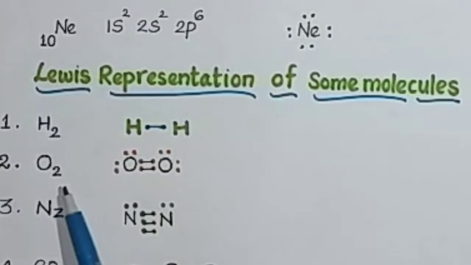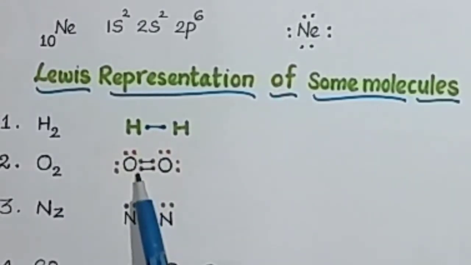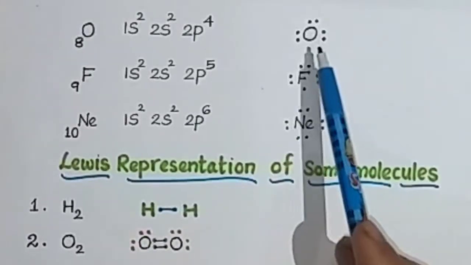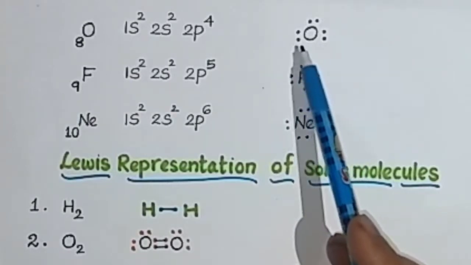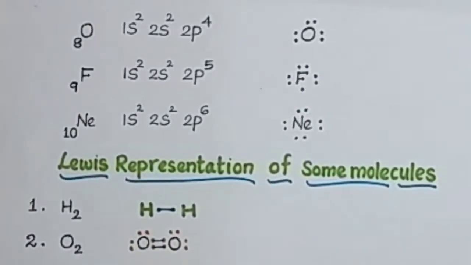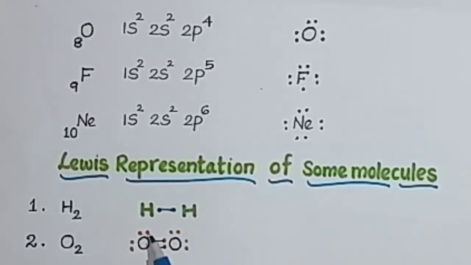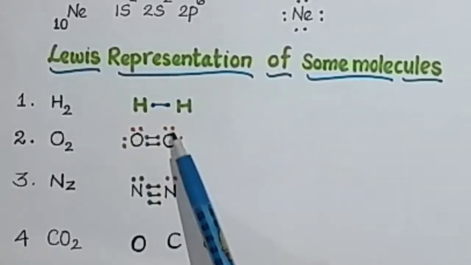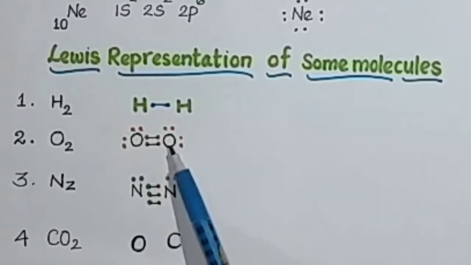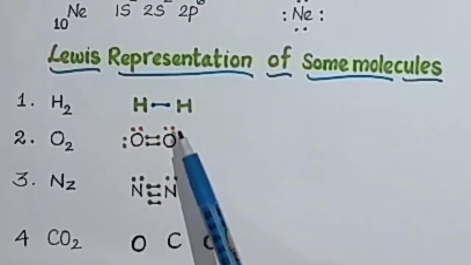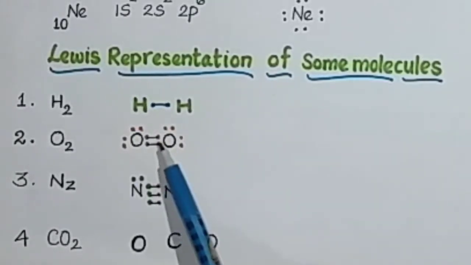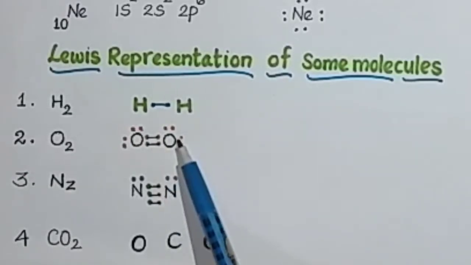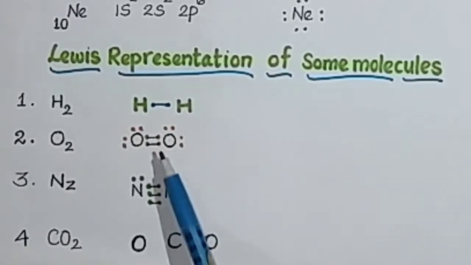Then the oxygen molecule. One oxygen atom, how many valence electrons? Yes, 6 valence electrons. Then the next oxygen atom also has 6 valence electrons. Each oxygen atom needs 2 more electrons to complete its octet. Here sharing of 2 electrons takes place to form a double bond.